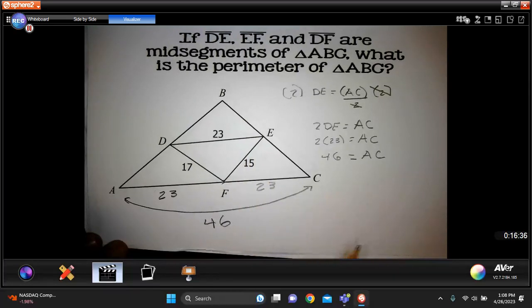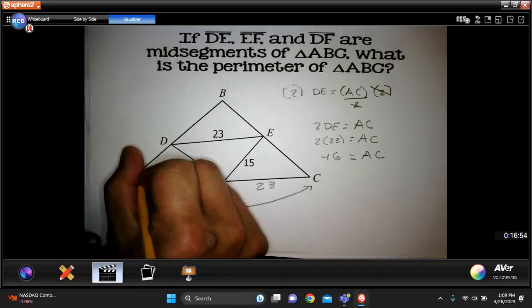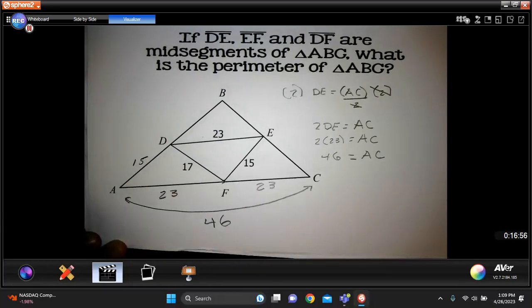So now, just by looking at the dimensions I have on the first triangle, I can say I have 17, 23, and 15. On this triangle, I already have 17 and 23, so I'm just missing 15 right here.